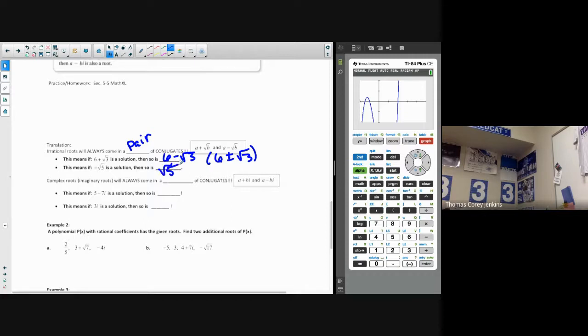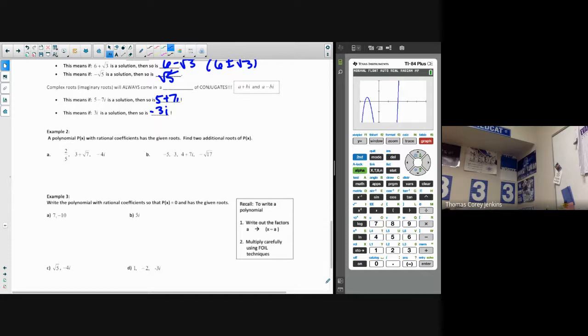And the same thing goes for complex roots, which are similar to irrational numbers in a lot of ways. If 5 minus 7i is a root, then so is 5 plus 7i. If 3i is a root, then so is minus 3i.